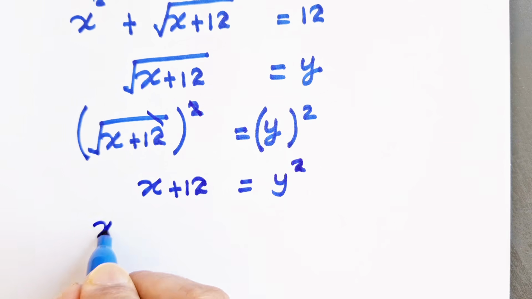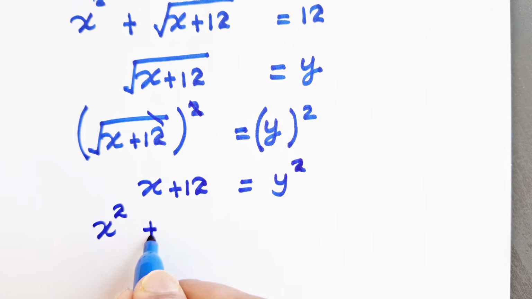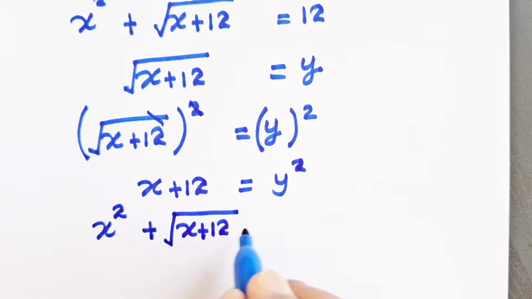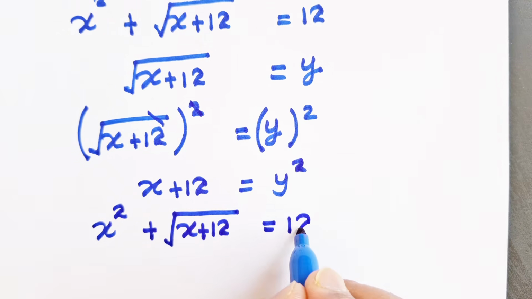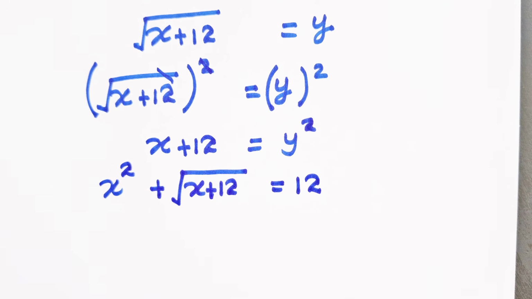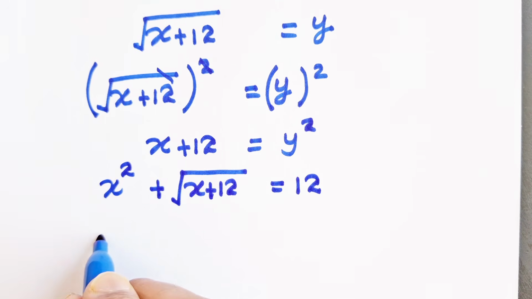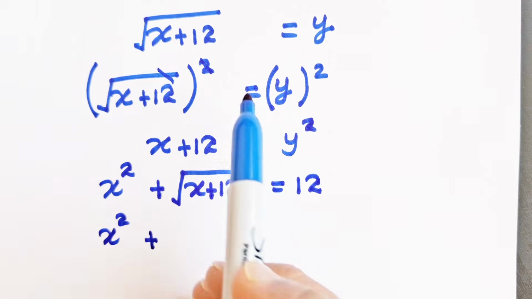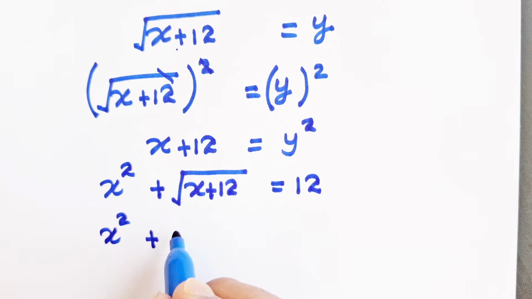Now our initial problem is x squared plus the square root of x plus 12 equal to 12. I'm going to keep x squared as it is. For the square root of x plus 12, I can substitute y.